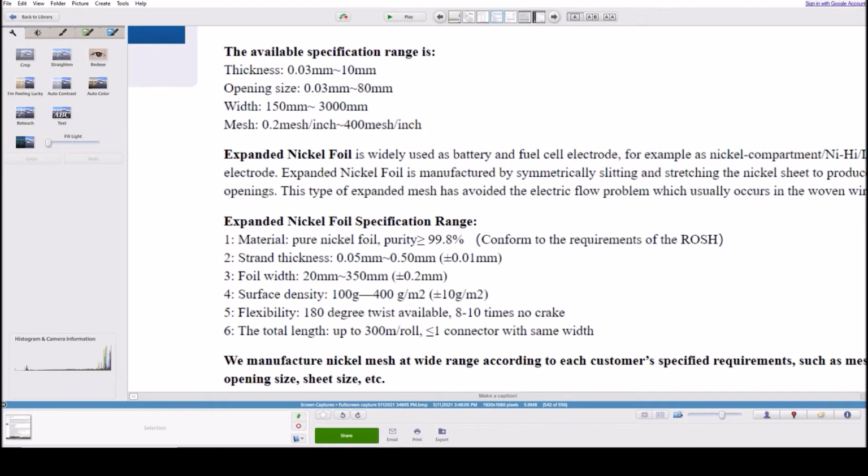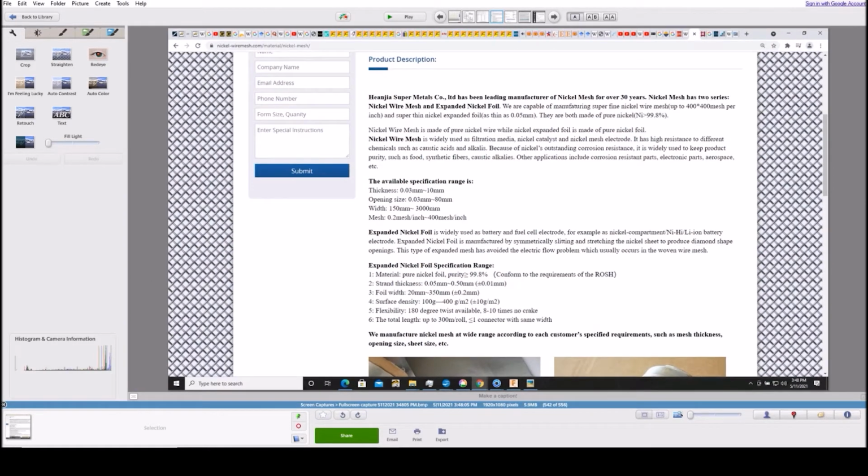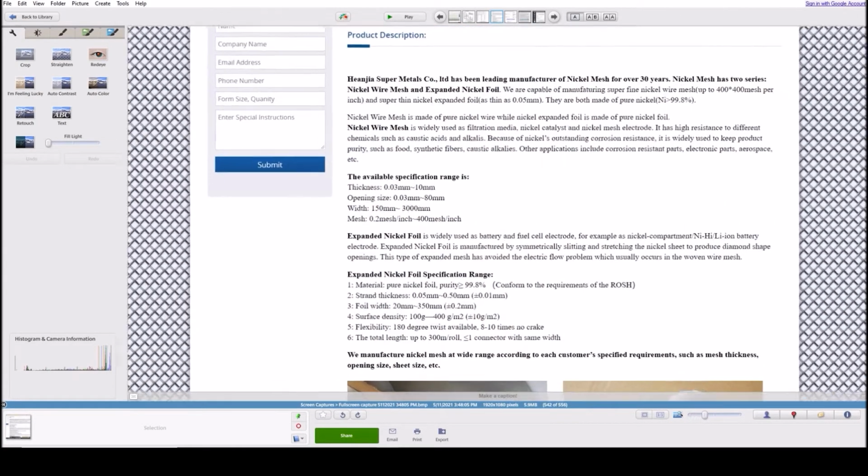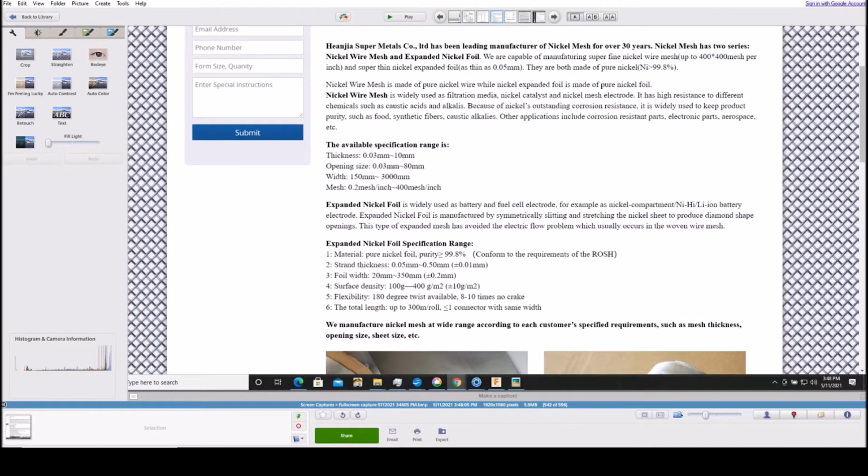That's what they abbreviate as a surface density. The mesh could be 50 by 50 up to 150 by 150, with some meshes obviously being a lot thicker. But an 80 by 80 mesh is going to have a surface density of about 200 grams per square meter.